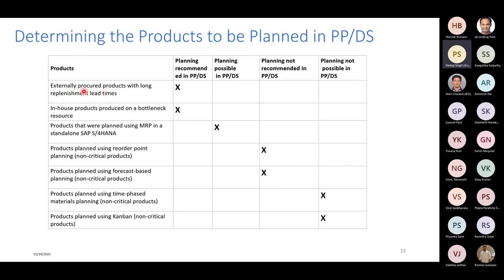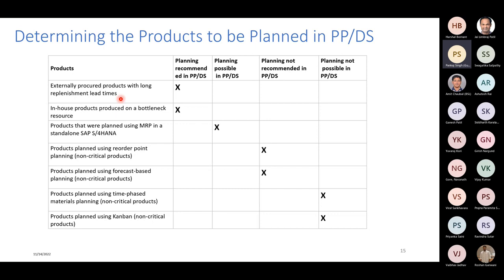When we have a product which is externally procured, for example those components which have a long lead time in procurement, those components will obviously be part of the bill of material of one of the FGs, and hence we should try to plan those components in PPDS. That's how we choose.